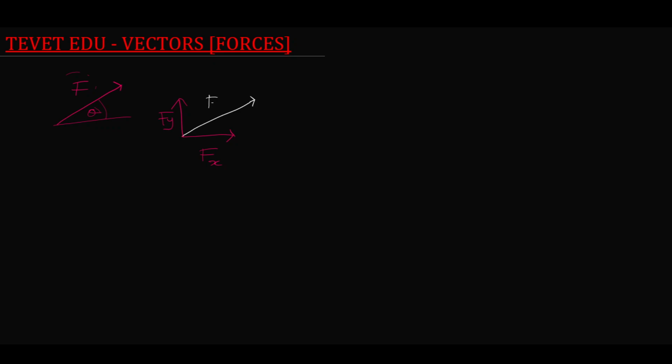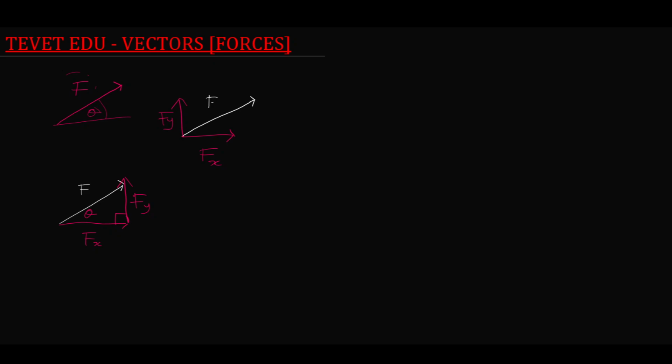So we have F there, and then one component will be in this direction, which is Fx, and another one will be in that direction, which is Fy, and our angle theta is here. So these components are acting at an angle of 90 degrees, which makes this triangle a right angled triangle.